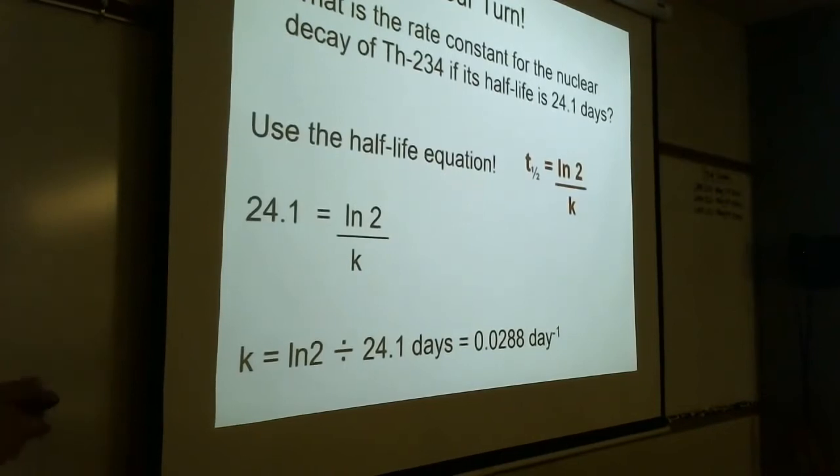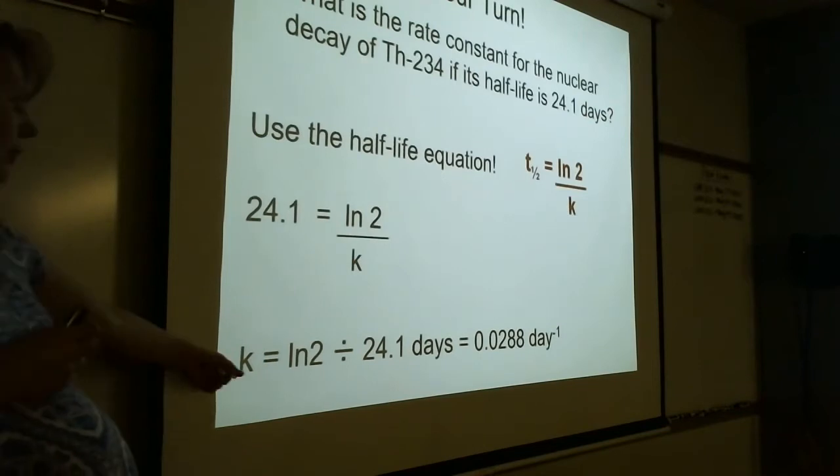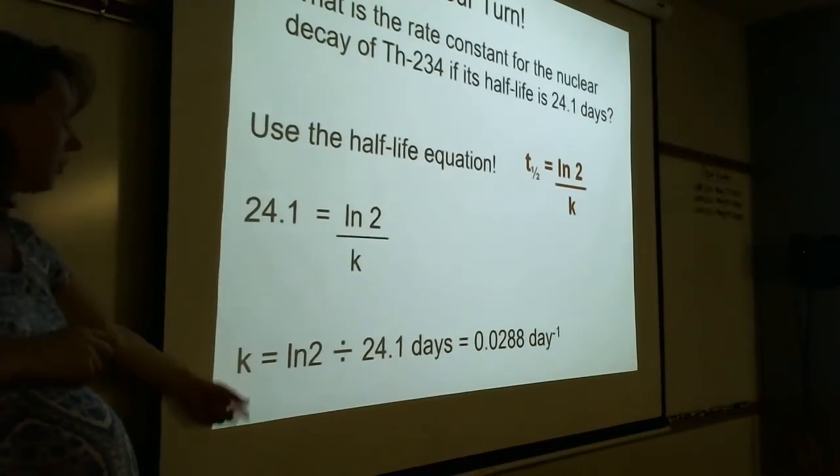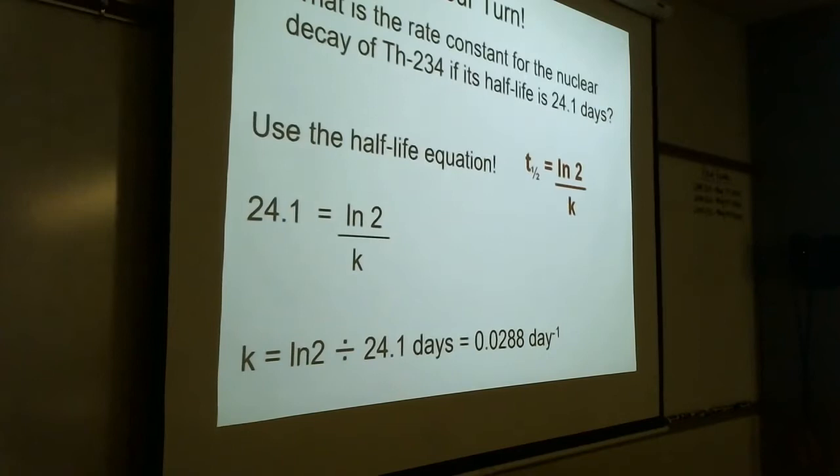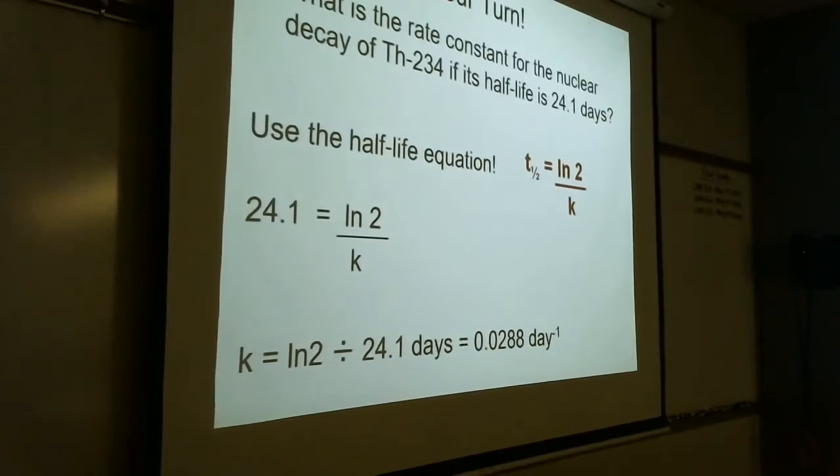Because my unit here was in days, our rate constant would have units of days inverse, right? Now, if you're doing a homework problem and it asks you for the rate constant to be in a specific unit, then you would just convert it to whatever that unit needs to be. Do we agree on how to do this one? Did you get the same number I got? 3 sig figs?